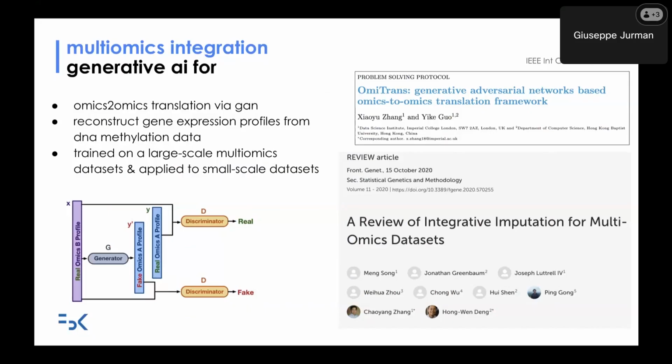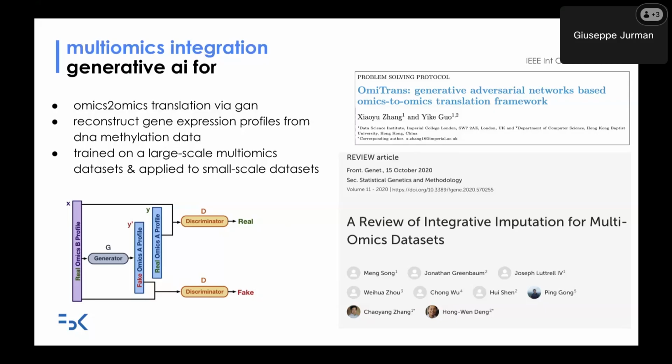Another very interesting application is the omics to omics translation. GANs can provide a way to construct a whole synthetic new level of knowledge. So starting, for instance, from transcriptomics, we can generate data for proteomics or epigenomics or metagenomics. For instance, one of the main applications has been published in the paper you see there, where gene expression profiles have been reconstructed from DNA methylation, so epigenomic data.